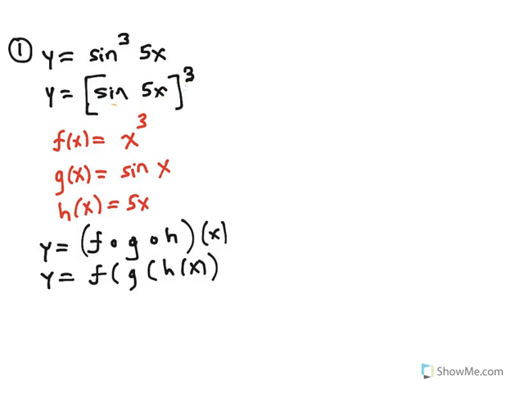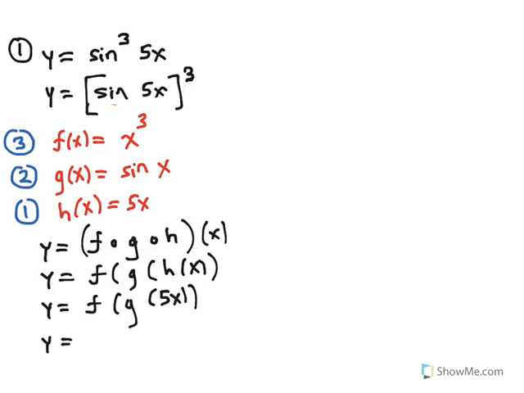So our first function is our inside function, and then we have our middle function, our second function, and we have our third function, which is our outside function. So we have f of g of h of x, and we can write it this way: h of x is 5x.